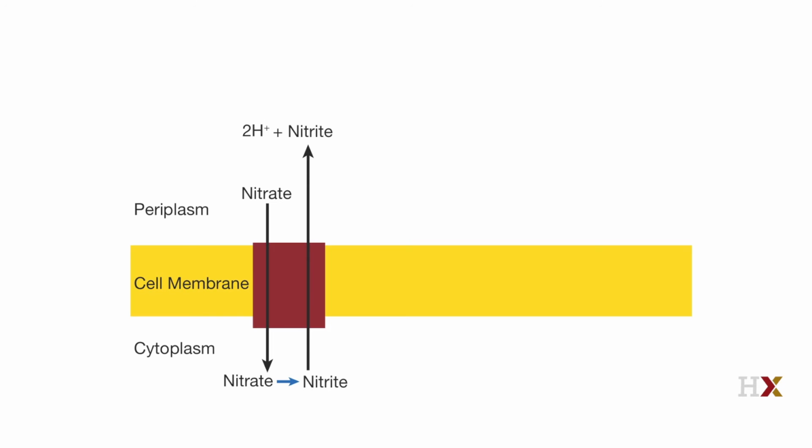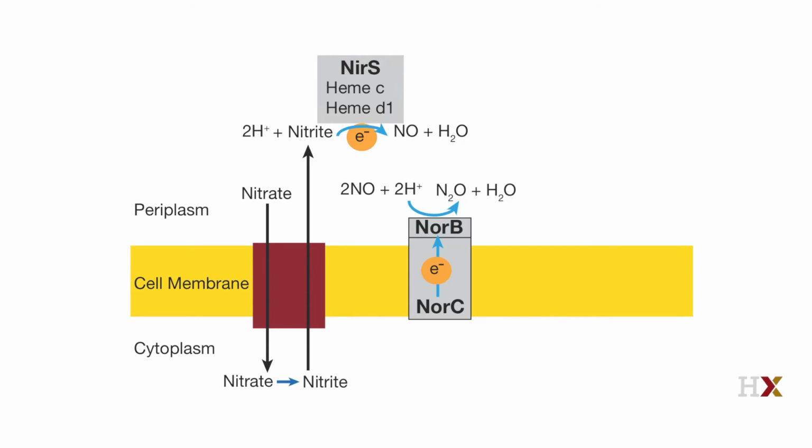Now, the rest of the denitrification reactions will take place in the periplasm. The first reaction is a conversion of nitrite into nitric oxide, and this reaction is catalyzed by the nitrite reductase. The third reaction is the conversion of nitric oxide into nitrous oxide. So 2 molecules of nitric oxide will be needed to produce 1 molecule of nitrous oxide.